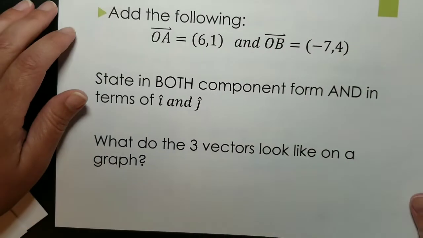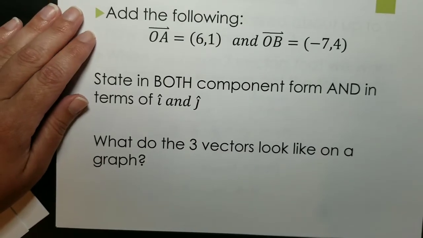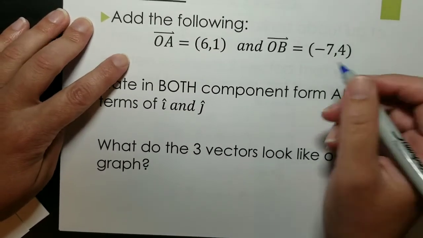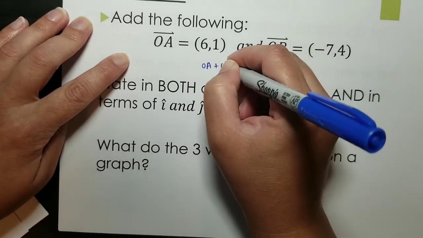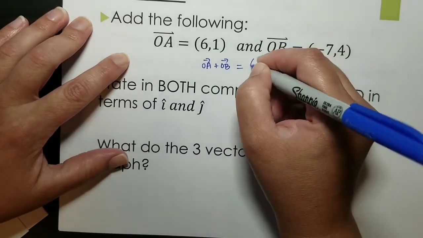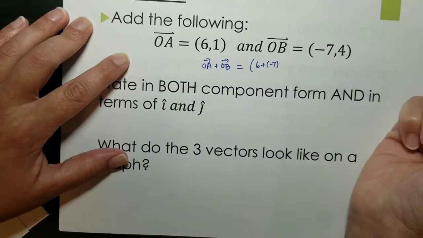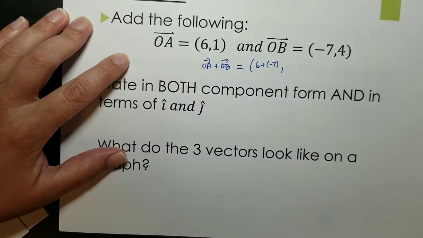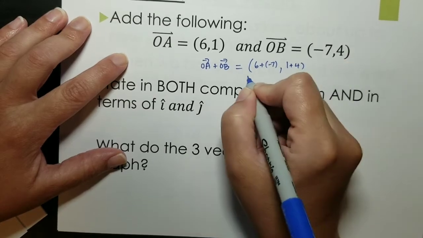And the next page has an example of that. We can add these vectors. So OA plus OB would be 6 plus -7 in the x, and you obviously don't have to show this every time, and 1 plus 4 in the y.